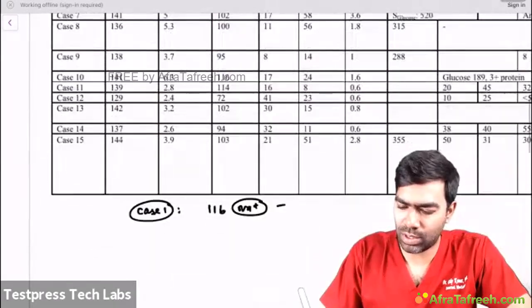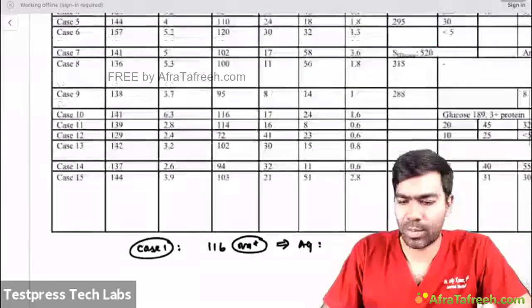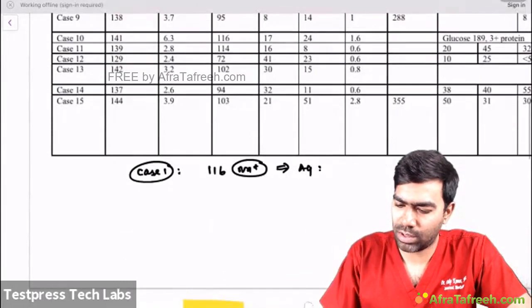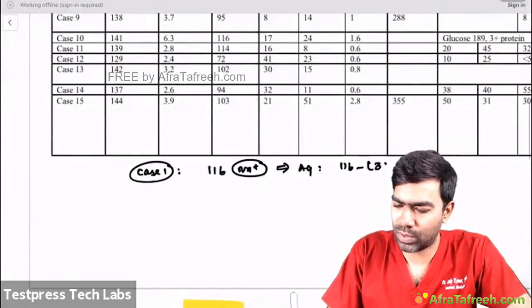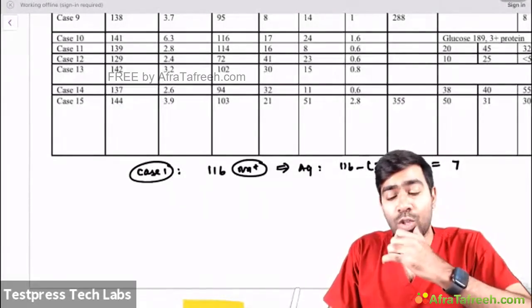So it's better to do an anion gap to be sure that it's a normal anion gap. What's the anion gap here? 116 minus 24 plus 85. I think it is a normal anion gap, 7 is the anion gap. No, you should not call NAGMA.